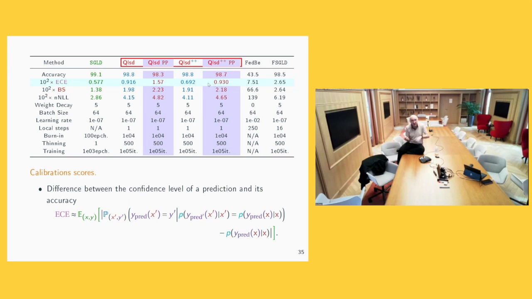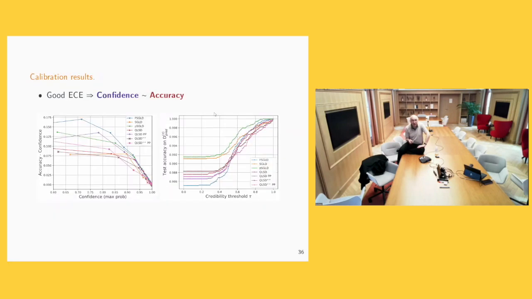It's much better there, and NLL also is much better. This is exactly what we obtain at the end. When you look at accuracy minus confidence, it should ideally be flat.